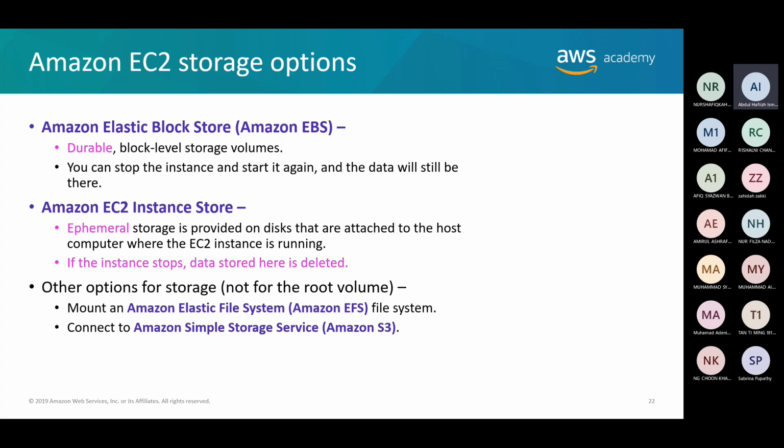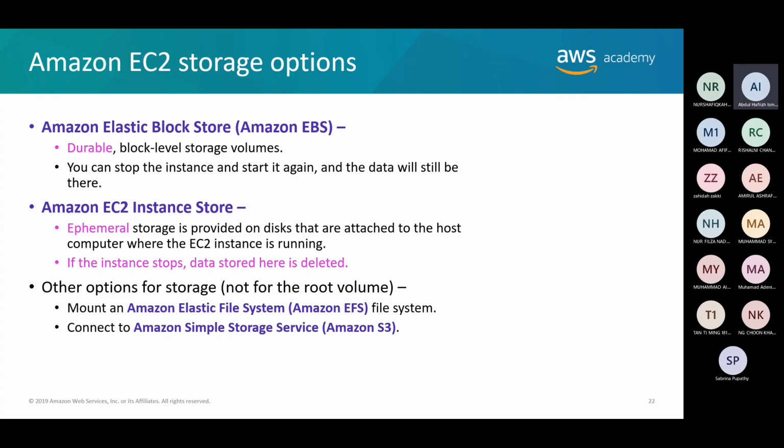So this one provides ephemeral or temporary block level storage for your instance. So this storage is located on disks that are physically attached to the host computer. Instance store works well when you must temporarily store information that changes frequently, such as buffers, cache, crash data, and other temporary content.